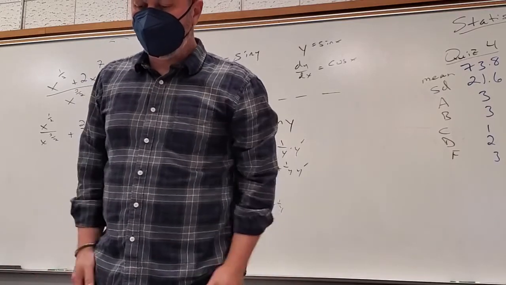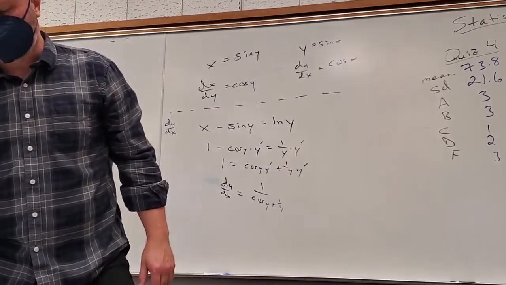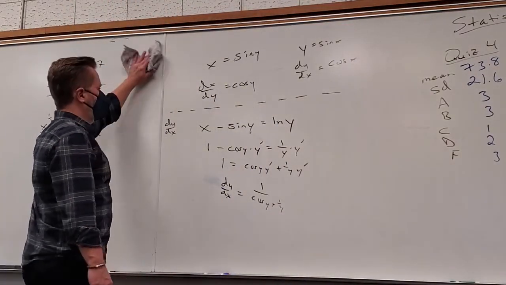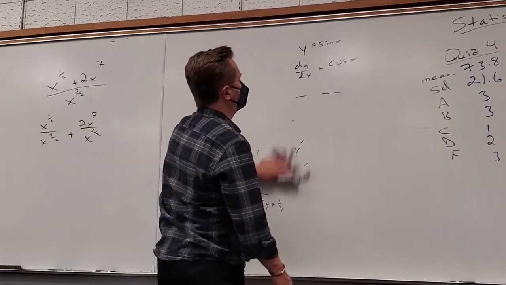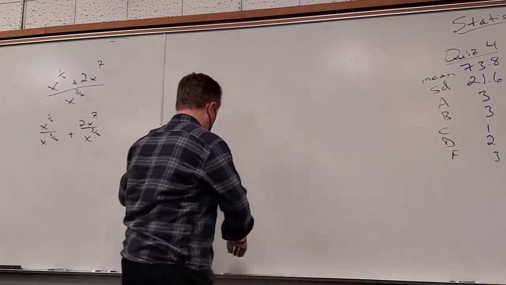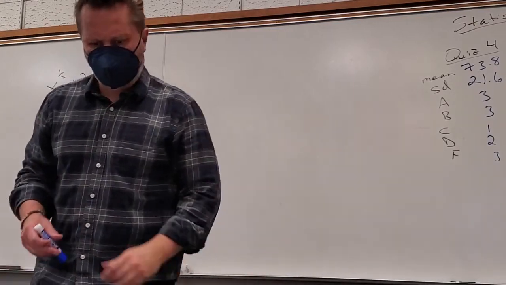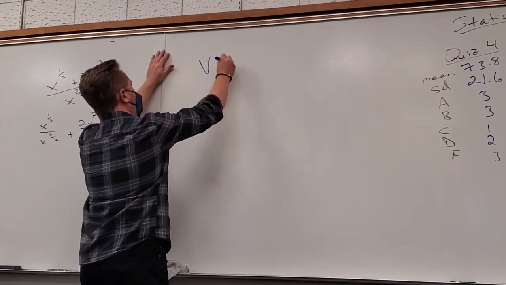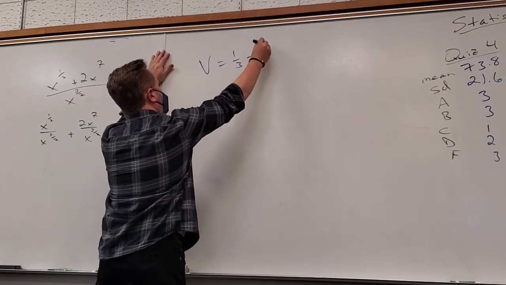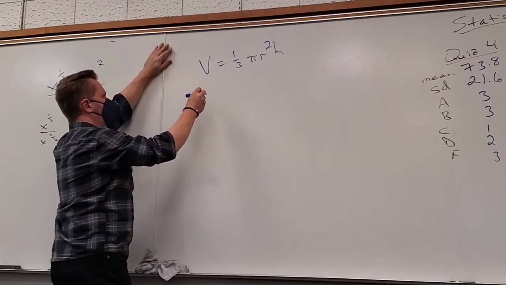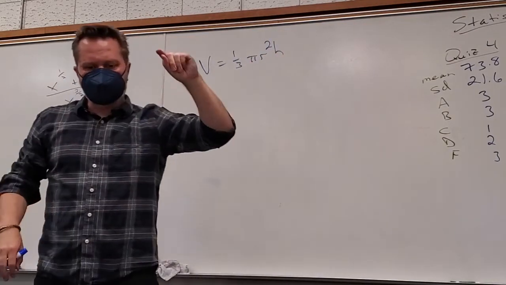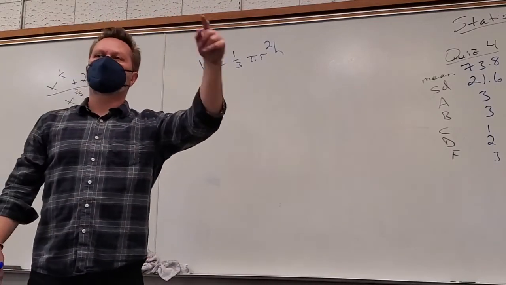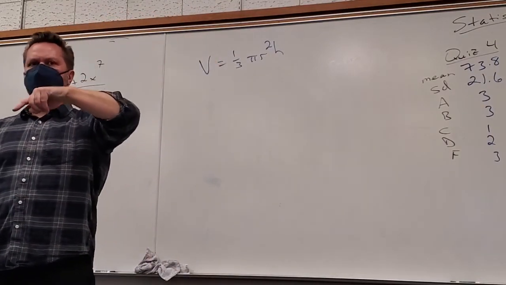What about number 90? Anybody try number 90? Does that make sense? They give you the volume of the cone, and they say find the derivative, the change of the volume with respect to the height, if the radius is constant.